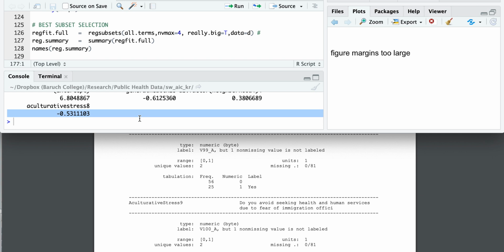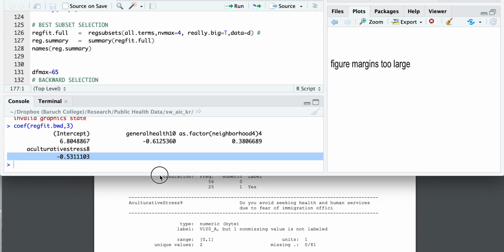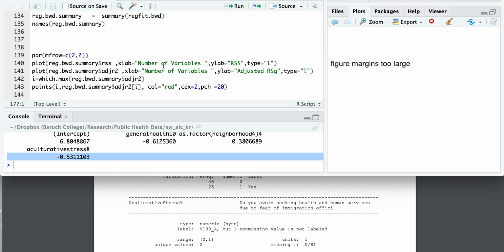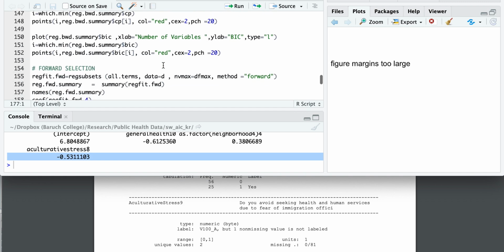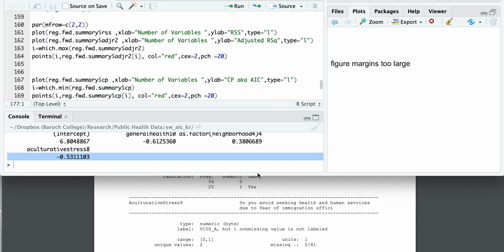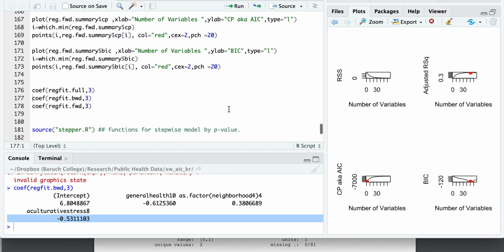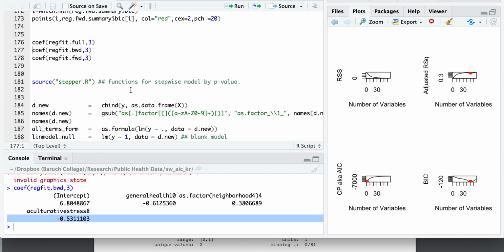This is how you look at them and how you interpret them, and they are not consistent, probably because 3 variables are not enough to explain this data. Now the next thing we can do is use the stepper function that we introduced in another lecture.